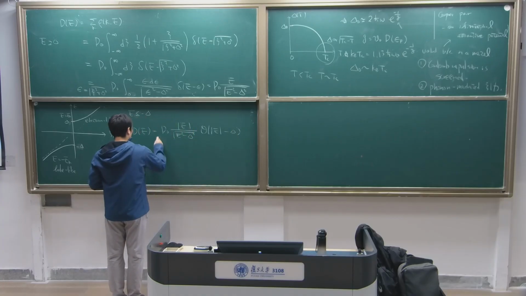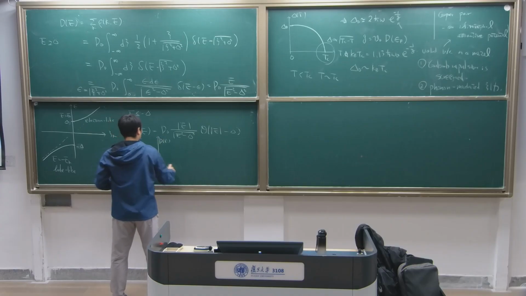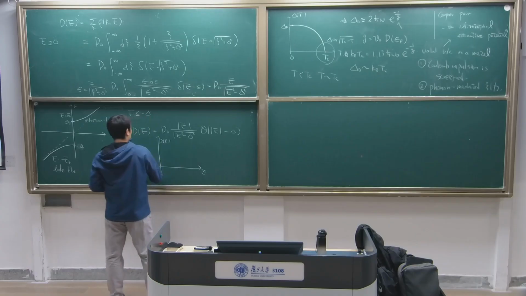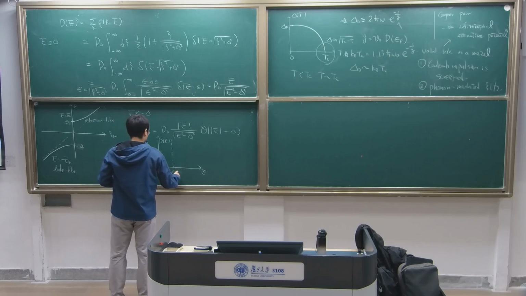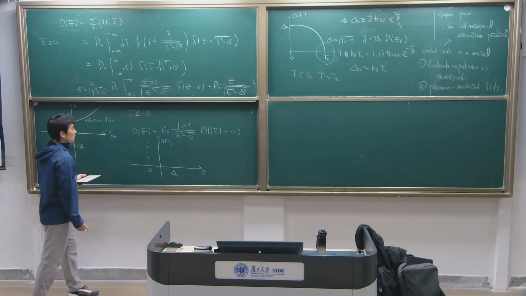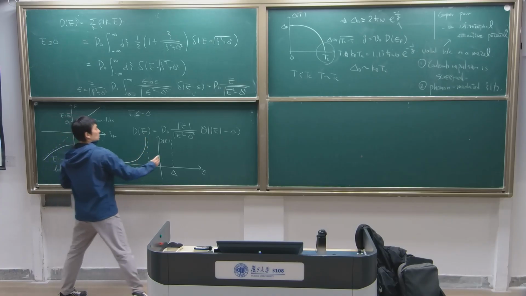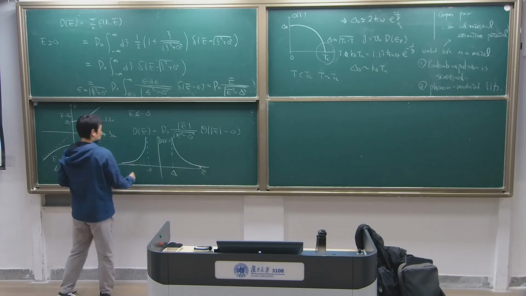So therefore, if you write down, this is equal to E. So E minus delta, and D of E is more like this one. So then the extent becomes like this.